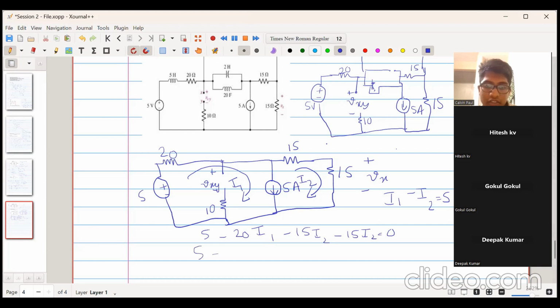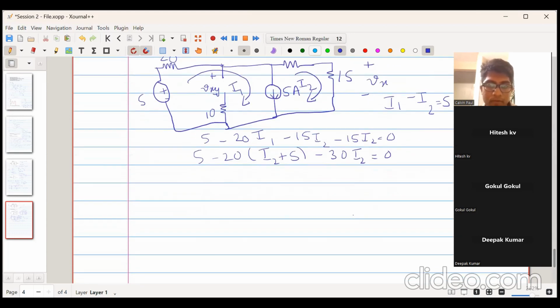Then we do 5 minus 20 into what is the value of I1? I1 is equal to I2 plus 5. So that is 5 minus 20 into I2 plus 5 minus 30 into I2, which is equal to 0. So we solve it further. We get 5 minus 20 I2 minus 100 minus 30 I2 is equal to 0.